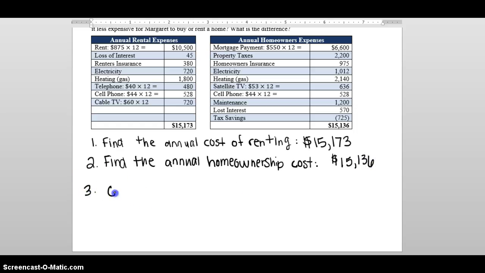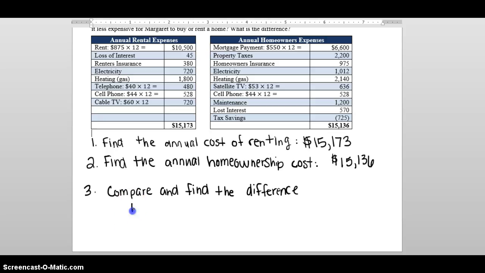Third step is to compare and find the difference. Since we want to know which is less expensive, to buy or rent, renting is $15,173. Buying is $15,136. So it is cheaper for her to buy.